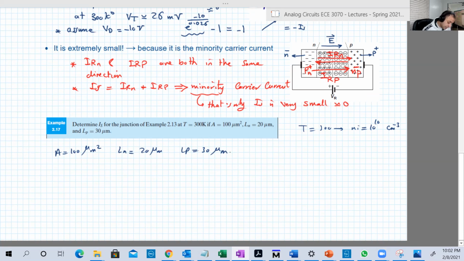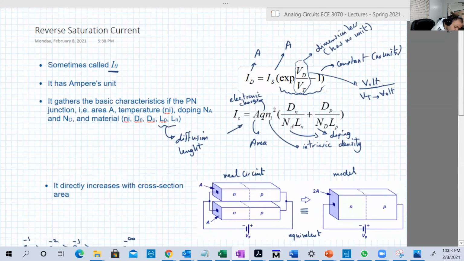Good. So we know IS is equal to q, which is 1.6 times 10 to the power of minus 19, times the area, which is known, 100 micrometer squared. Then let's check the equation here.